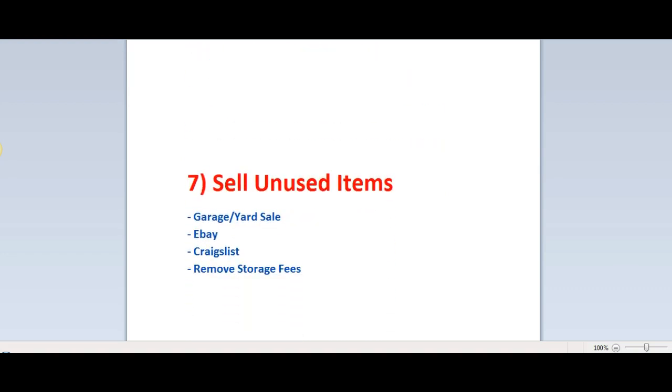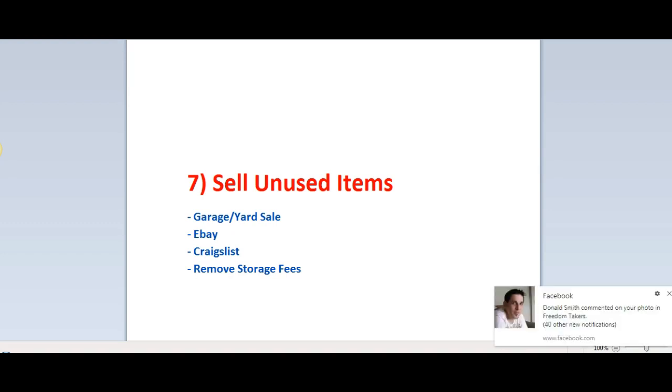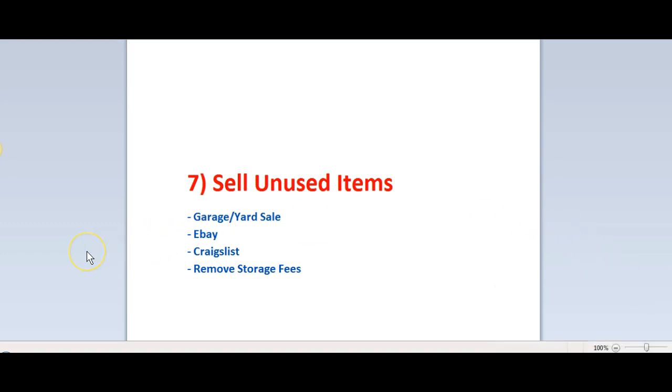Moving on, if you have stuff that you don't use, think about selling unused items, having yard sales or garage sales. Every year the development I live in has development yard sales. You'd be surprised at the stuff you pick up over the year that you don't use. You can also sell stuff on eBay or Craigslist.